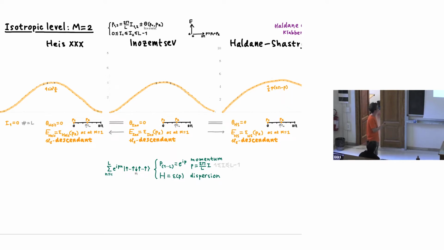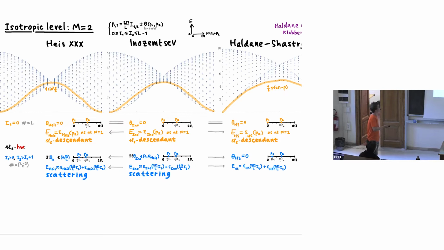If I take my first integer to be 0, then I can show that there's a solution for which the first quasi-momentum is 0, and the second quasi-momentum is the total momentum, just 2 pi over the length times an integer, because in this case there's no interaction. So these are these descendants that I mentioned before. And maybe I should mention that we know, of course, explicitly what this elliptic function here is.